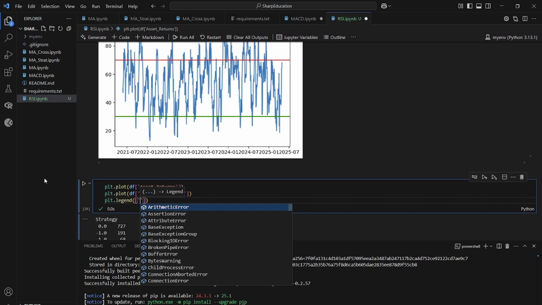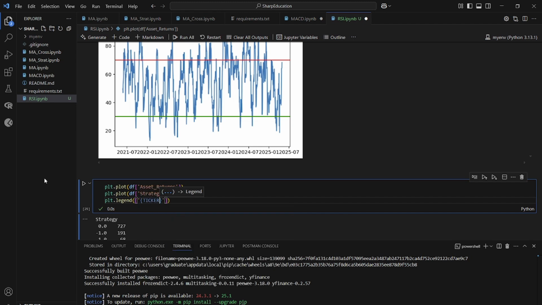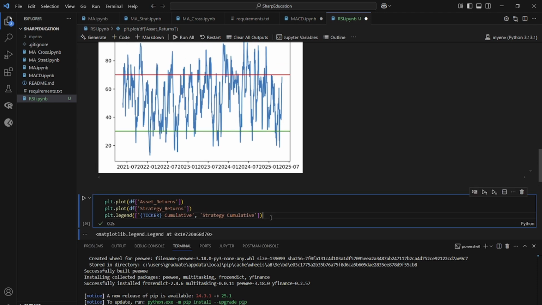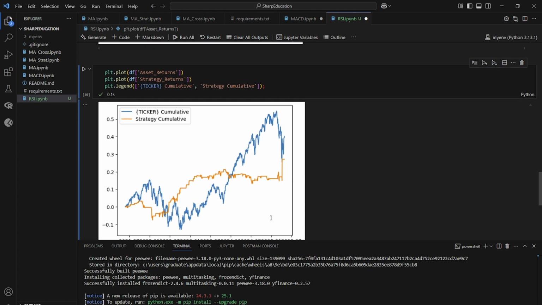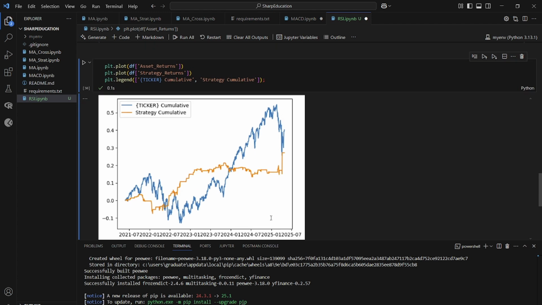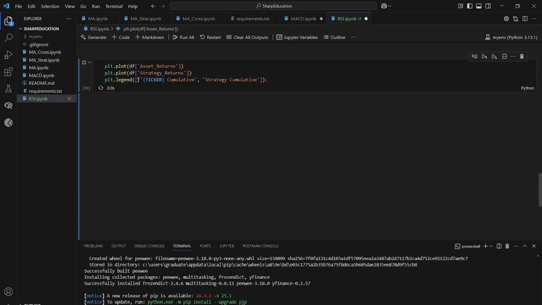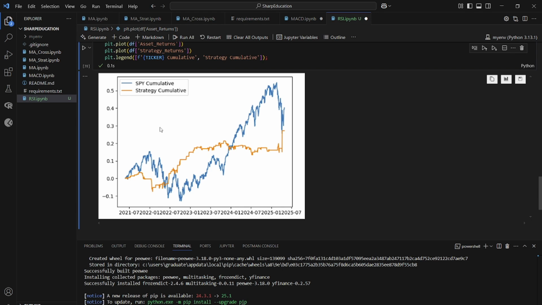That's going to be a list of ticker and strategy cumulative. Cool. This is a cool looking chart. You can see, I forgot to make this an F string. Great, SPY cumulative. So RSI pretty much keeps up, and it actually outperforms for a little bit.